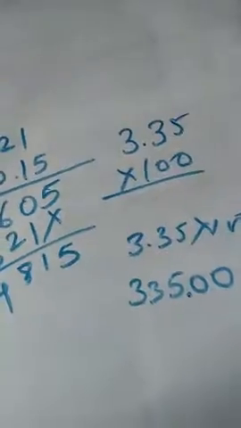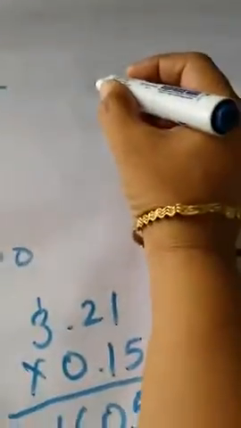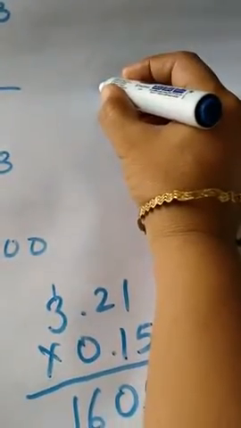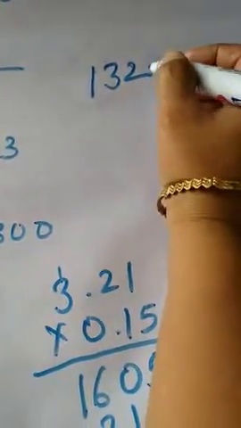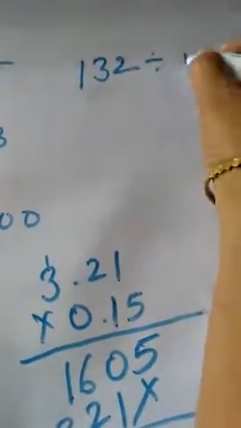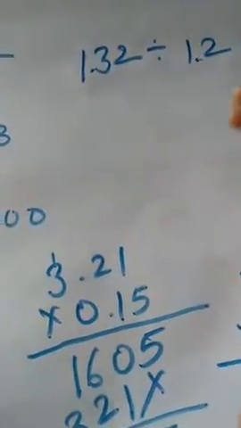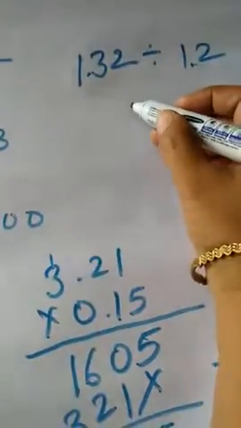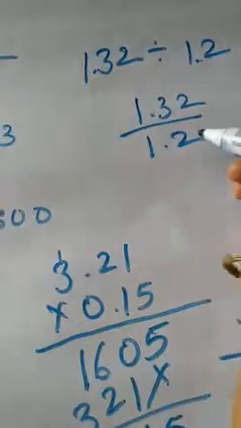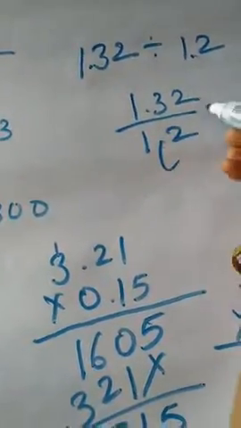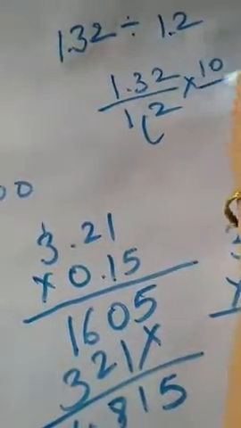So the next topic is division of decimals. If we want to divide a number like 1.32 divided by 1.2, first of all we remove the decimals. If we remove the decimal from the denominator, there is 1 digit after the decimal, so write 10 in the numerator.